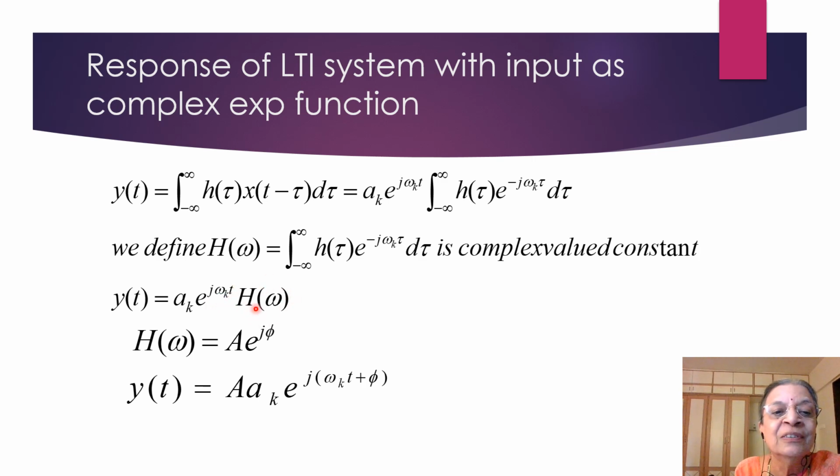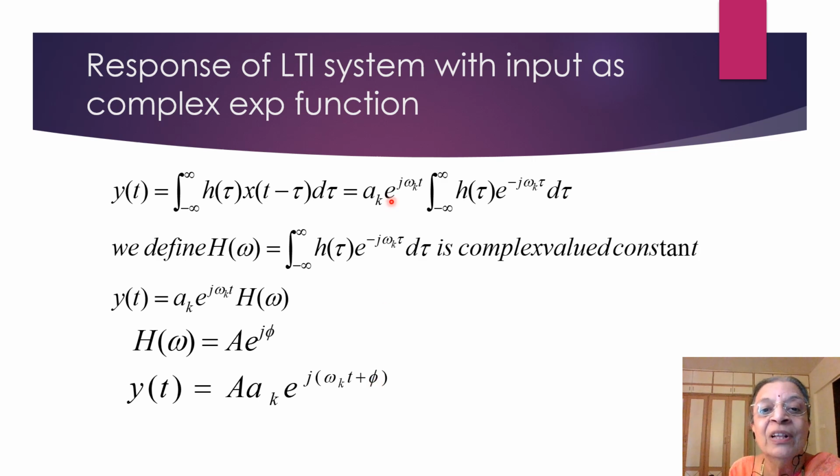This is a constant. Because H(omega) is a complex valued constant, I can write it as A into e^(j phi), that means a magnitude and a phase. So I can write y(t) as A a_k e^(j(omega_k t plus phi)).